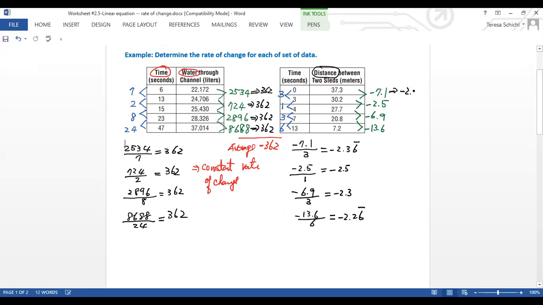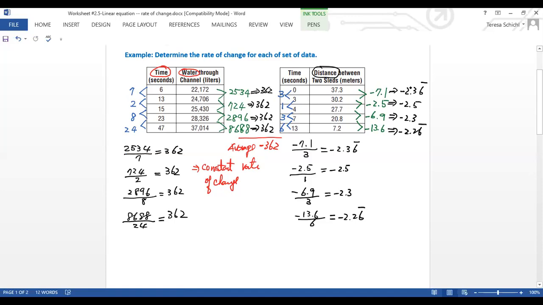Okay, so let's write in here. This is negative 2.36, and this one is negative 2.5. This is negative 2.3. And this is negative 2.26. So this example is a little bit different, right? The first one is a constant rate of change.